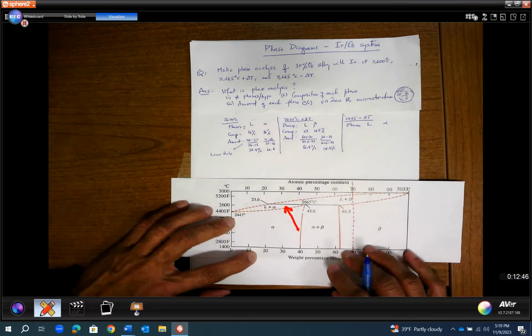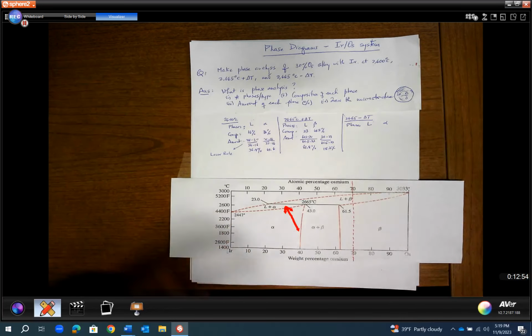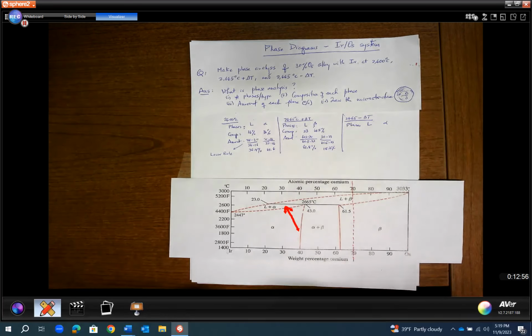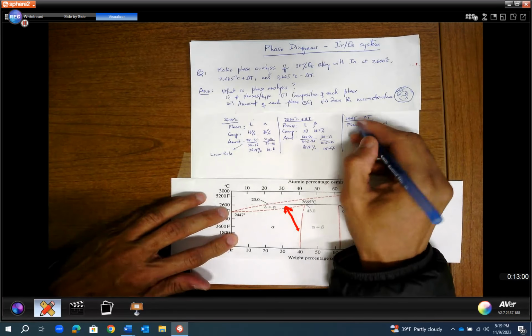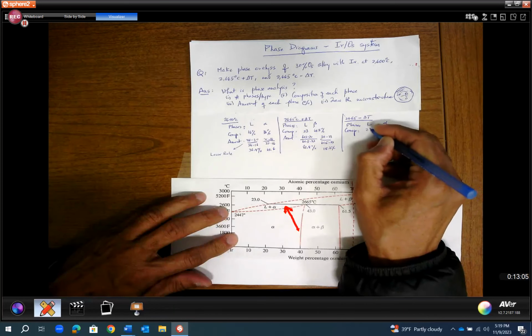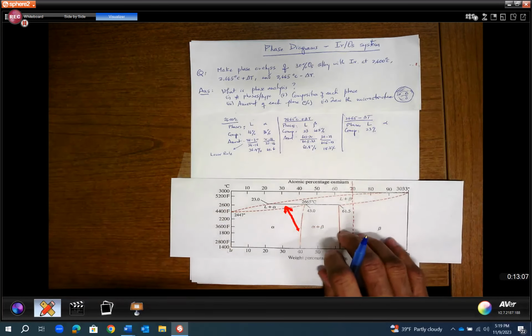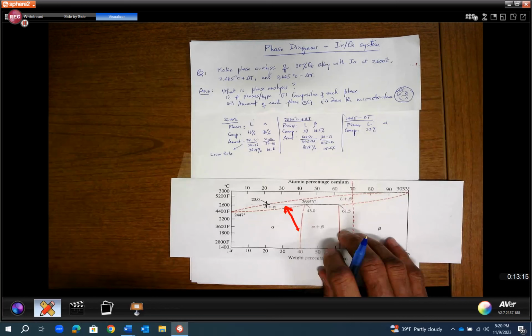So what's the composition? Still 23, right? If you walk from here, it's just 23, right?